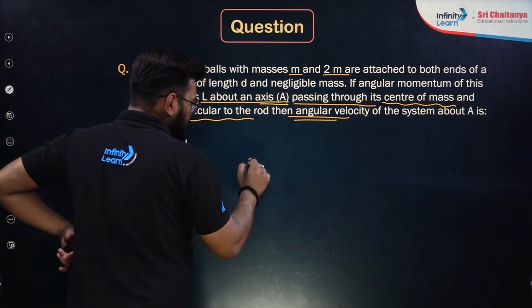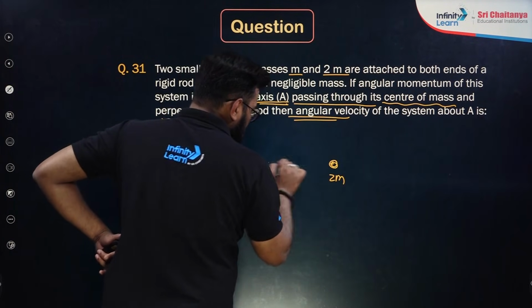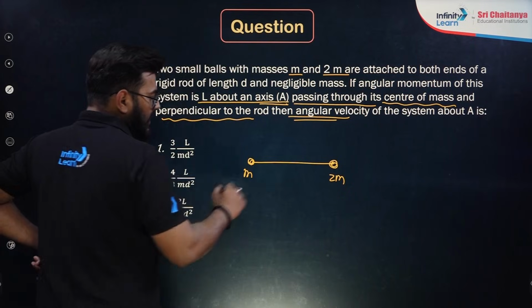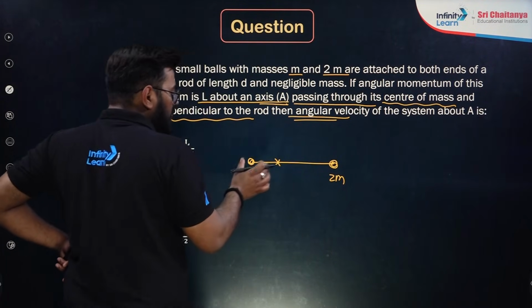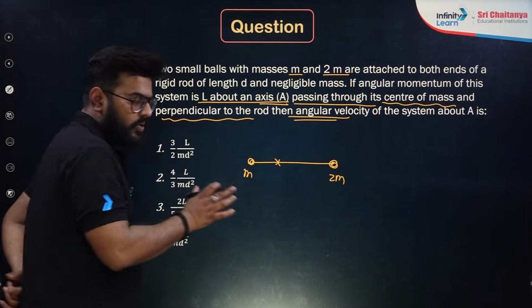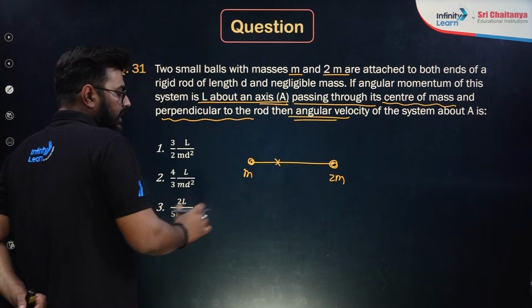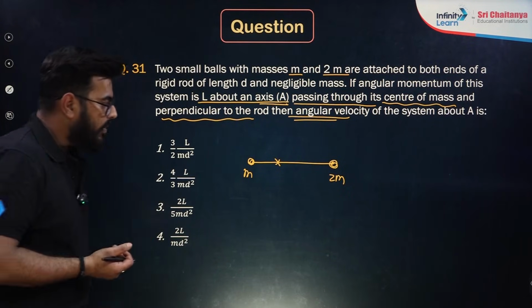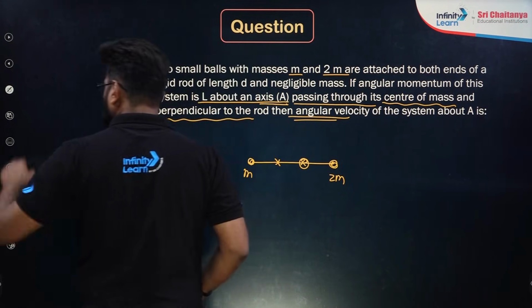See, the point is, if there are two masses m and 2m, you can obviously locate their center of mass, right? You already know that this distance will be equal to 2m upon 2m plus 3m into the total distance, which is r. And similarly, this distance will depend upon this, correct? Now, simple point, the center of mass will be closer to this mass, not over here.